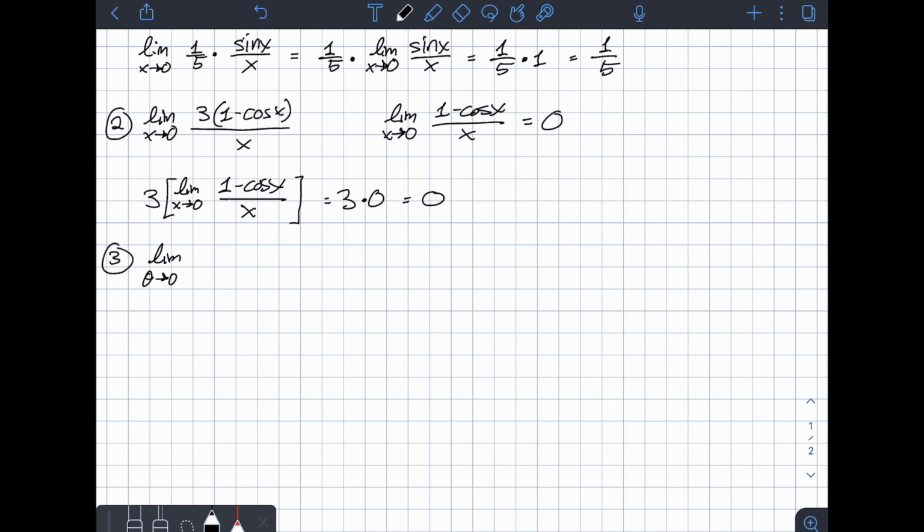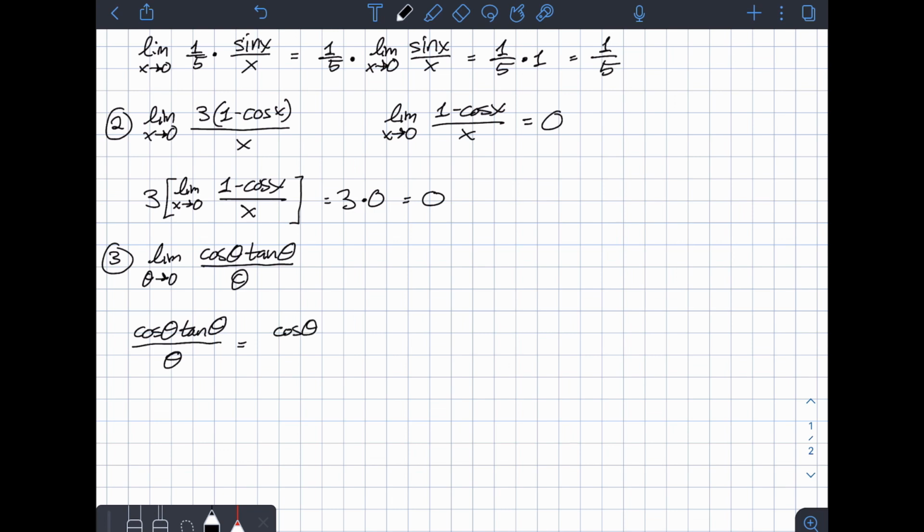Limit as theta approaches 0, cosine theta times tan theta all over theta. Again, if we just plugged in 0, we end up with 0 over 0. So we'll have to see if we can find another form of this that's equivalent to it. And indeed, tan theta is equal to sine theta over cosine theta.